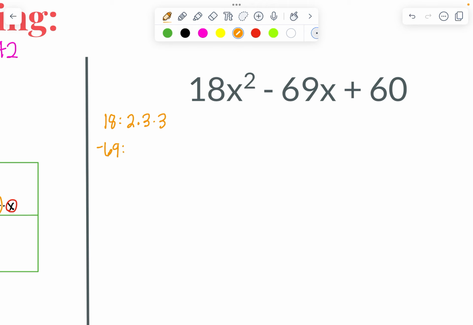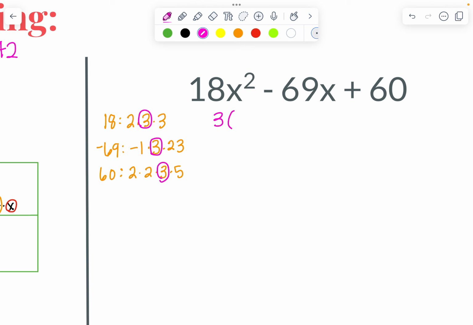Negative 69 is the same as negative 1 times 3 times 23. And then 60 is 2 times 2 times 3 times 5. So I notice I can take a 3 out of all of these.